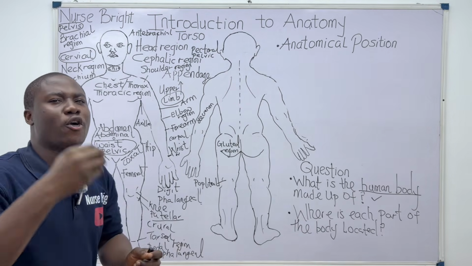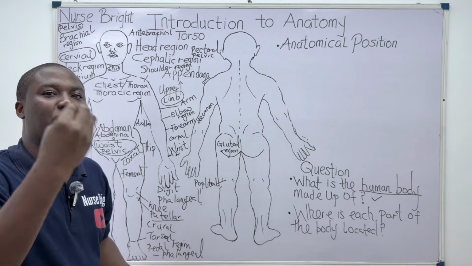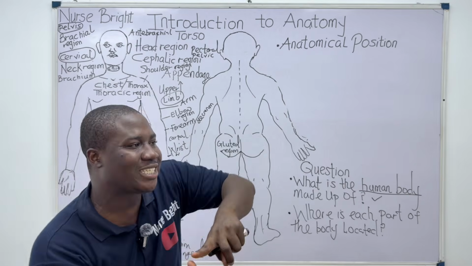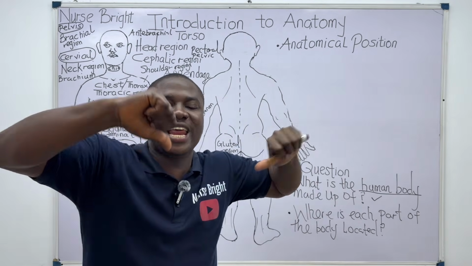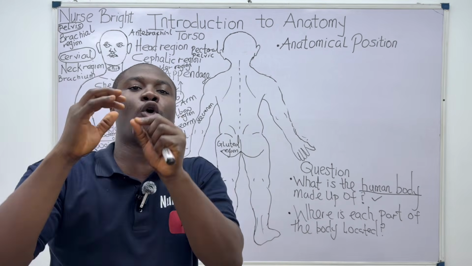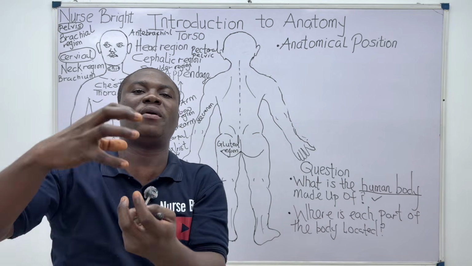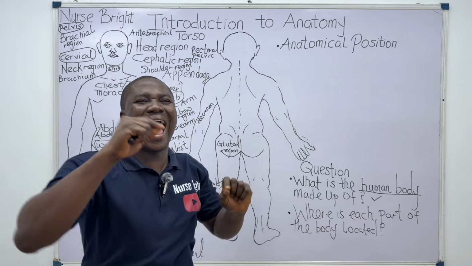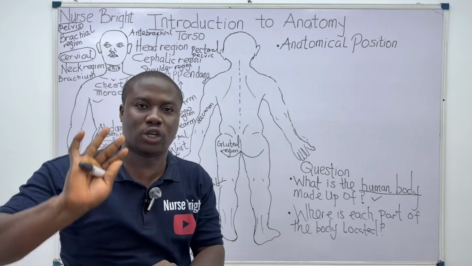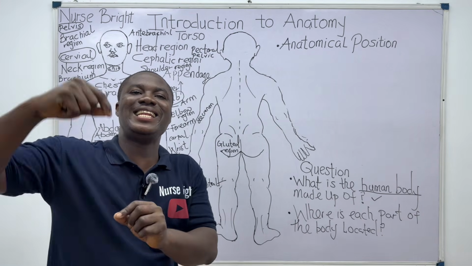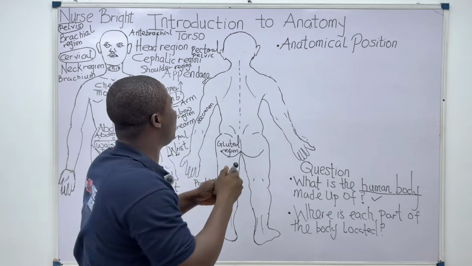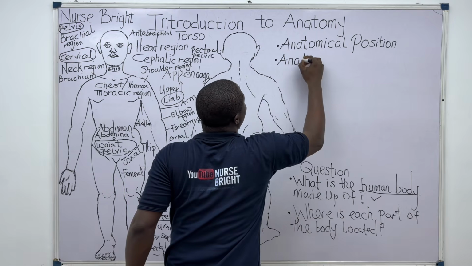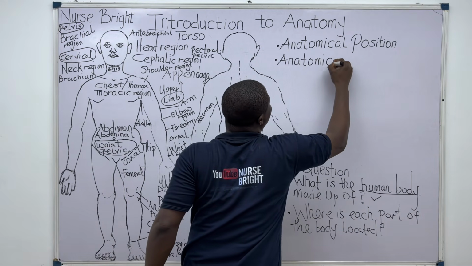Just listen. To describe the precise location of a particular structure in respect to another structure in a human body, you have to be familiar with some terms. And the first of them is called what? Anatomical position. Pay attention. The next term to be familiar with is called anatomical planes.